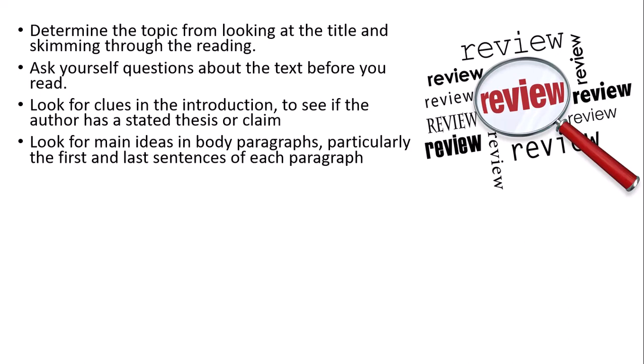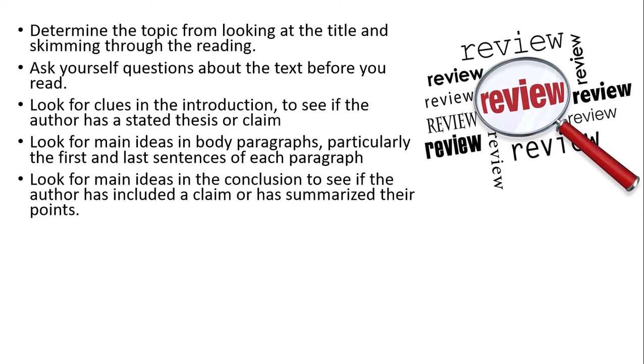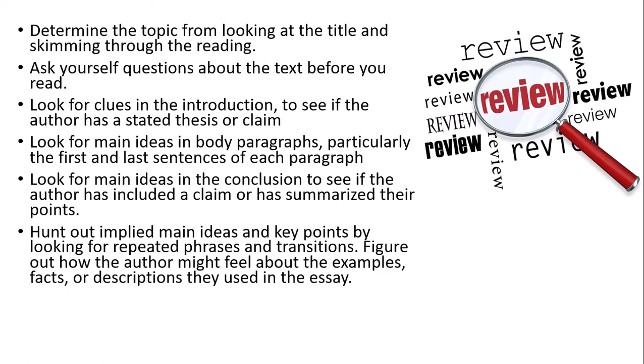Look for main ideas in body paragraphs, particularly the first and last sentences, which might give you a clue as to the overall thesis or claim of the article. Look for main ideas in the conclusion to see if the article has included a claim or has summarized their points. And hunt out implied main ideas and key points by looking for repeated phrases and transitions.